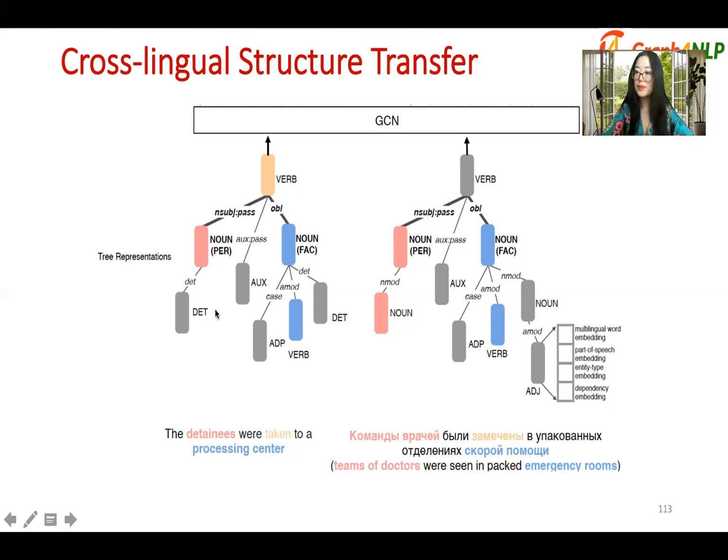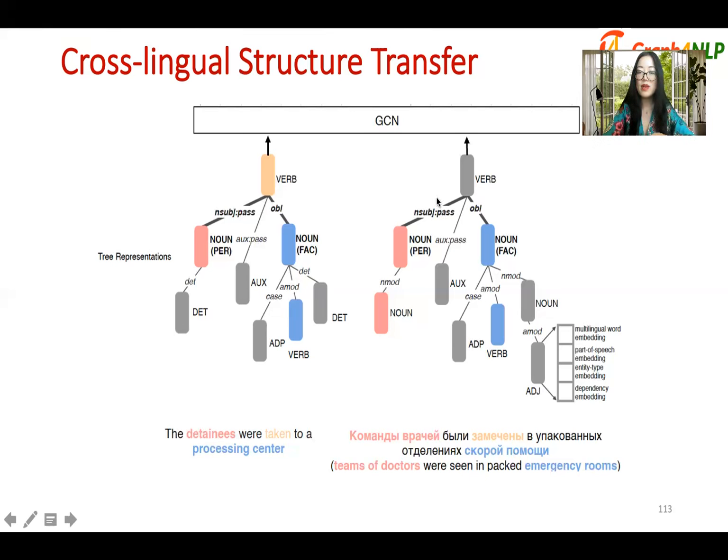So for example, on the English side, you can see this connection, which is noun, subject, passive, and object connecting these two entities. And these two entities are involved in a located relation. On the right side, it's a Russian sentence, and this Russian sentence is not a parallel sentence with the English one, but it also has a located relation between two entities.